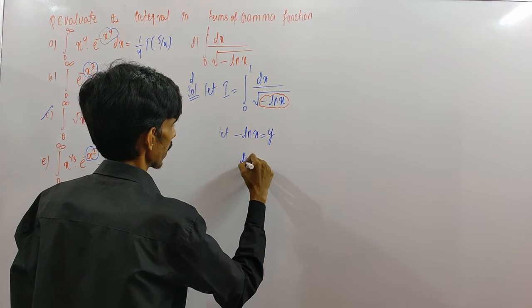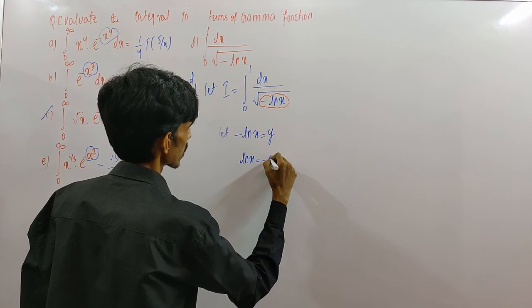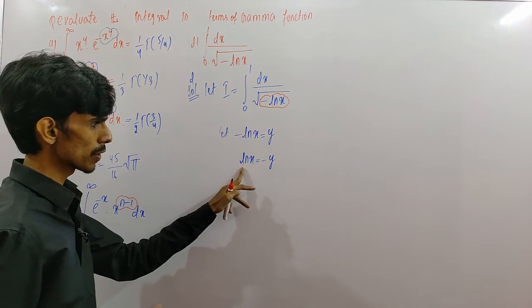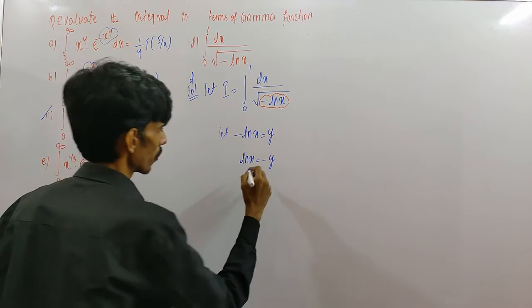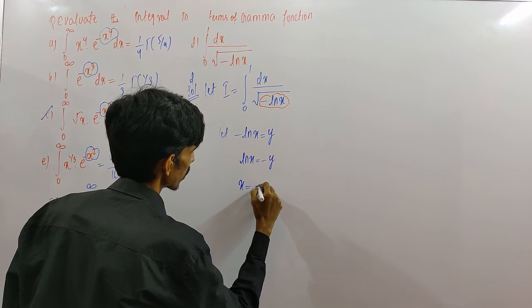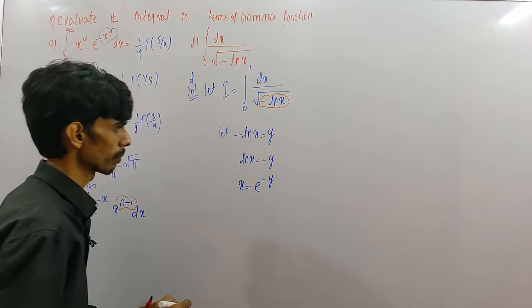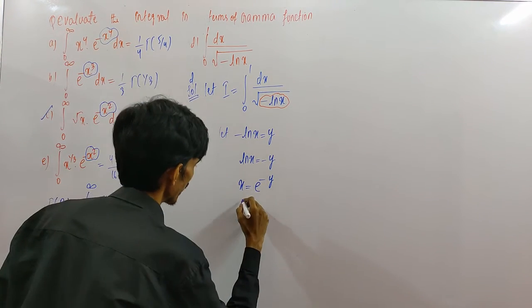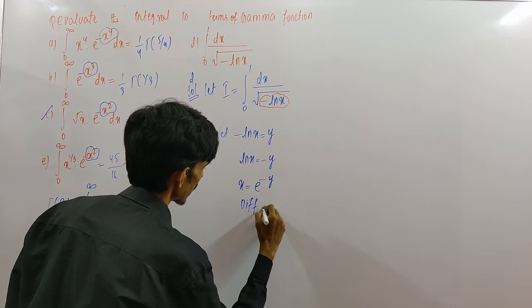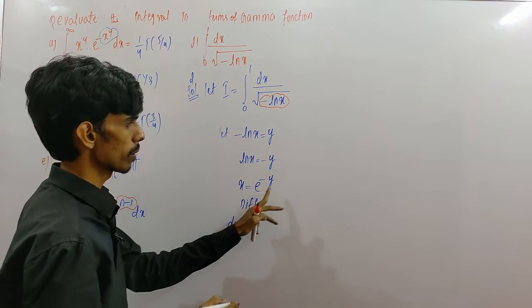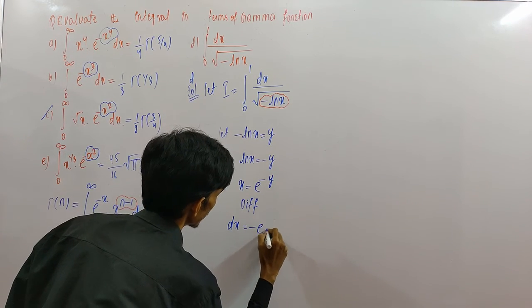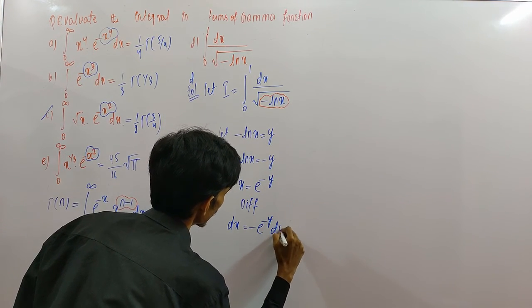Then ln x value is minus y. ln means logarithm to the natural base e. So we have x equals e power of minus y. Now differentiate with respect to y. So dx, the derivative of e power of minus y, is minus e power of minus y dy.